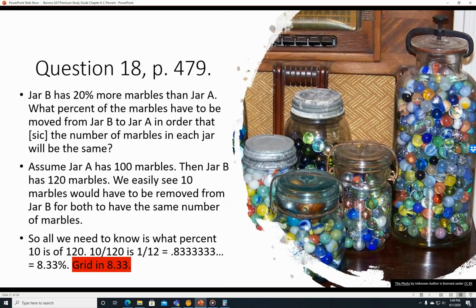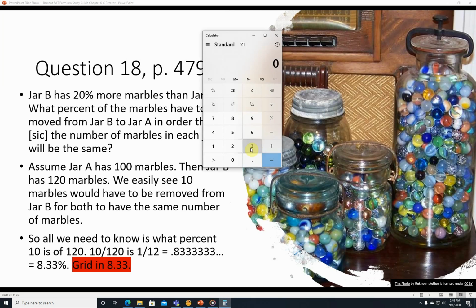You take 10 out, put the 10 in jar A. Woo, jar A and jar B both have 110 marbles. So we just take 10 over 120. Boom, you get 0.833333, multiply by 100, and it's 8.33%. So that's easy enough, just grid in 8.33.